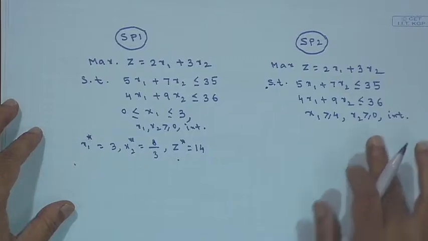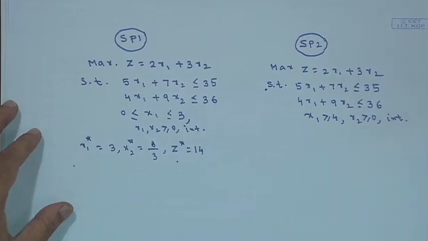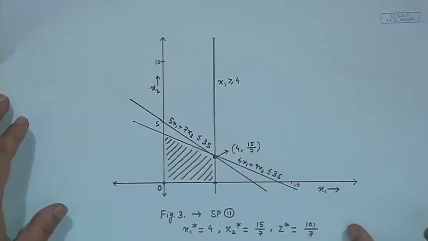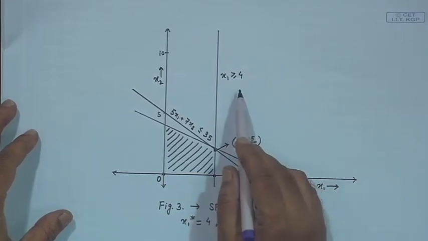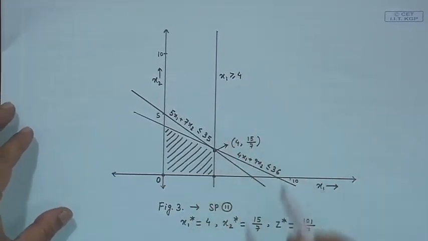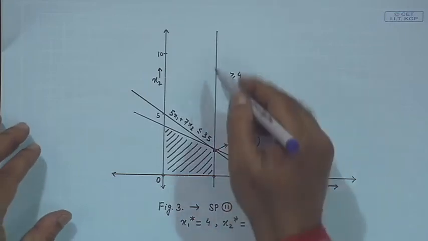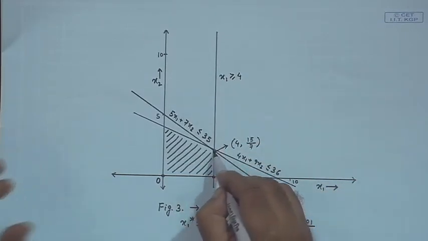Now, similarly, for the second problem also I can find the solution graphically. My solution set will be like this. This is the line 5x1 plus 7x2, and this is the line for 4x1 plus 9x2 less than or equal to 36, and in this case x1 is greater than or equal to 4. If you try to find the solution, you will get the maximum value at this point.